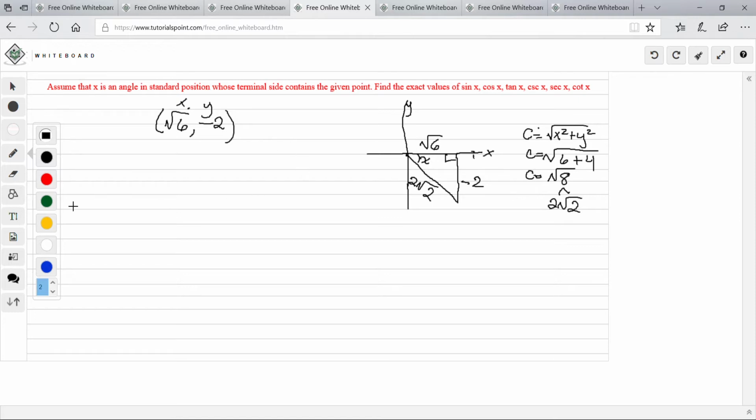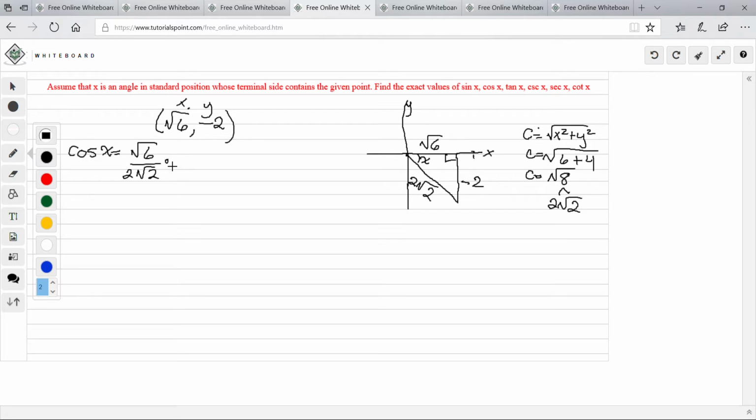It's a right triangle. So let's find our cosine alpha. Cosine alpha is x over radius, so here's our x value, it's positive, so it's square root of 6. Our radius is 2 root 2.